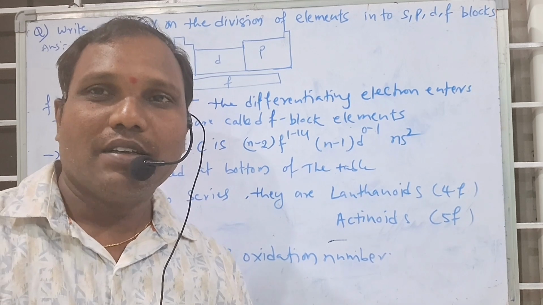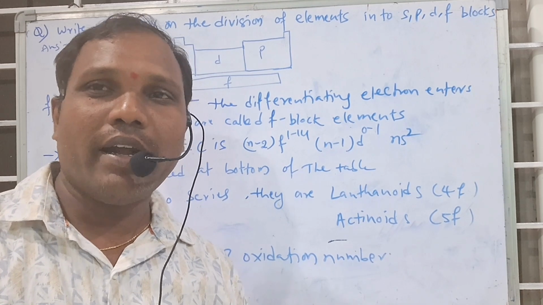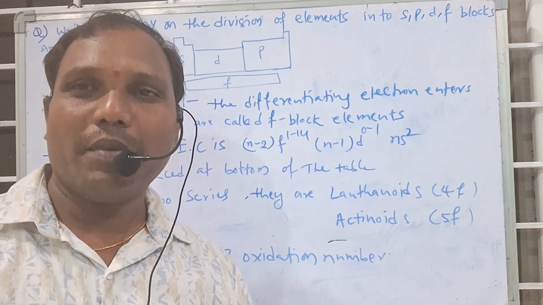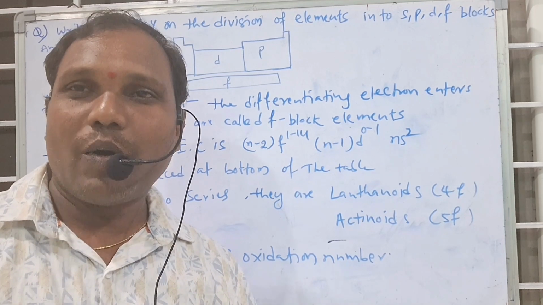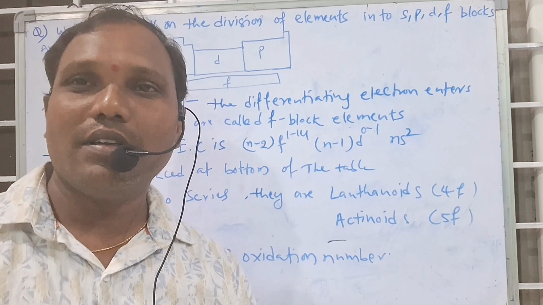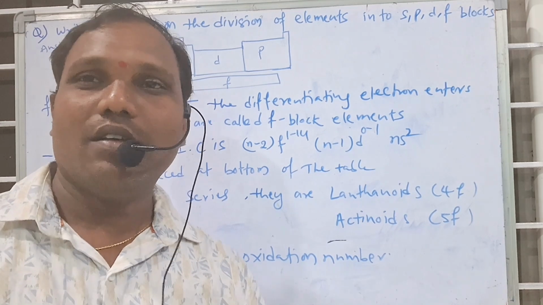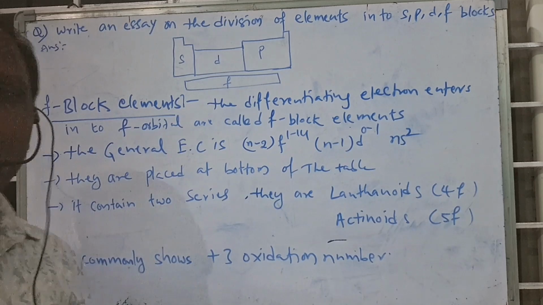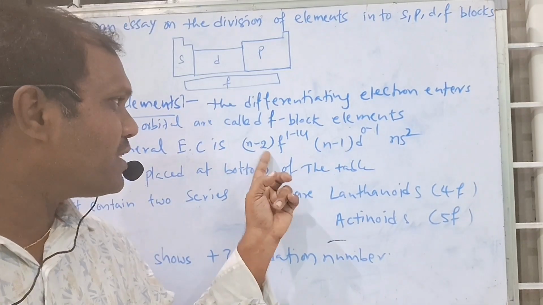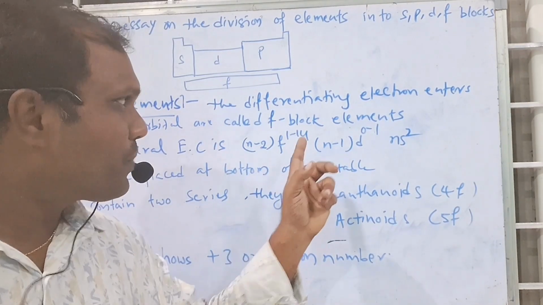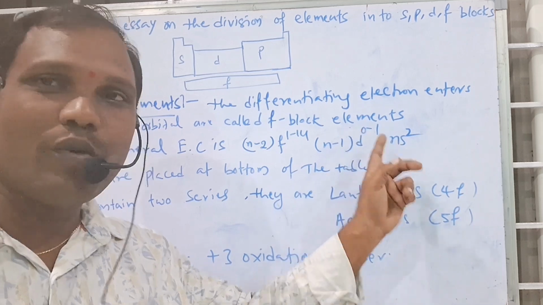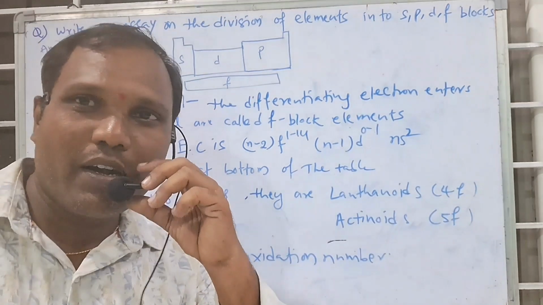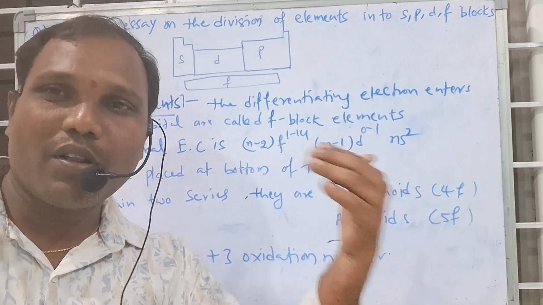F block elements. The differentiating electron enters the f orbital; such elements are called f block elements. The general electron configuration is (n-2)f1 to 14, (n-1)d0 to 1, ns2. (n-2) means the pre-penultimate shell, just before the penultimate.